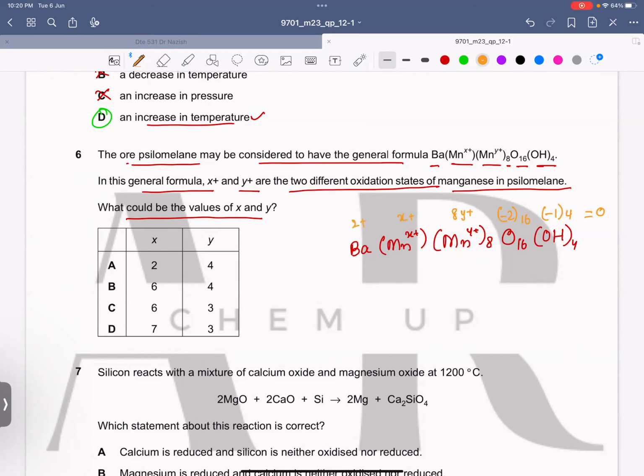So see over here, 2 positive, X plus 8Y collectively, and -32 and -4 is equal to 0.